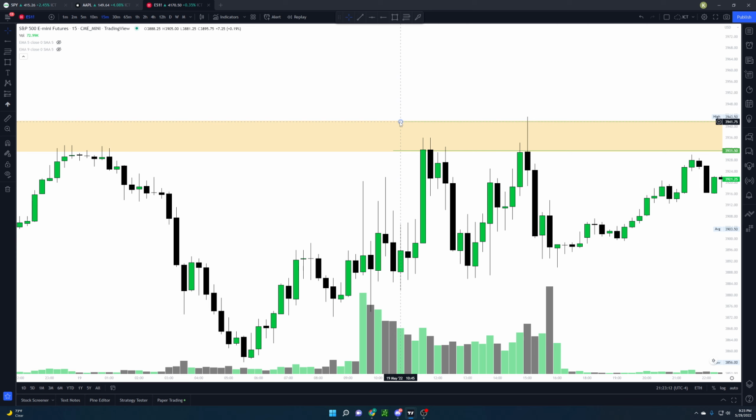And like anything else, this is not a perfect strategy, so it can just break right through. But what's going to happen is, since you're not in a full position, you're only in 1/3 here. If it goes all the way up, you can exit, and you're only losing a certain percent of 1/3 of your position, not your full position, right? So you're saving a lot of money there if it doesn't go your way.